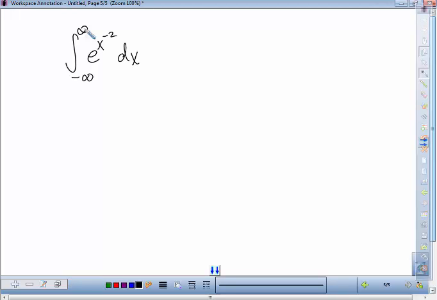When they were forming statistics as a subject, it turned out that this function, e to the negative x squared, kept on popping up a lot, and it's important because of ideas behind probability, where the density function has to be equal to 1. So they would really be interested in finding out what this is equal to.